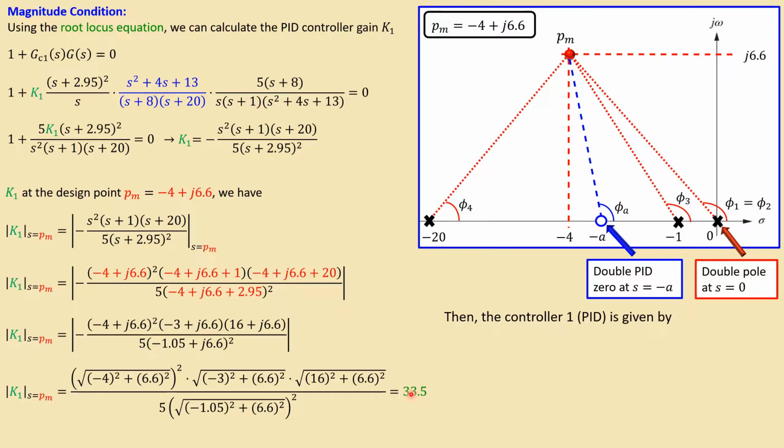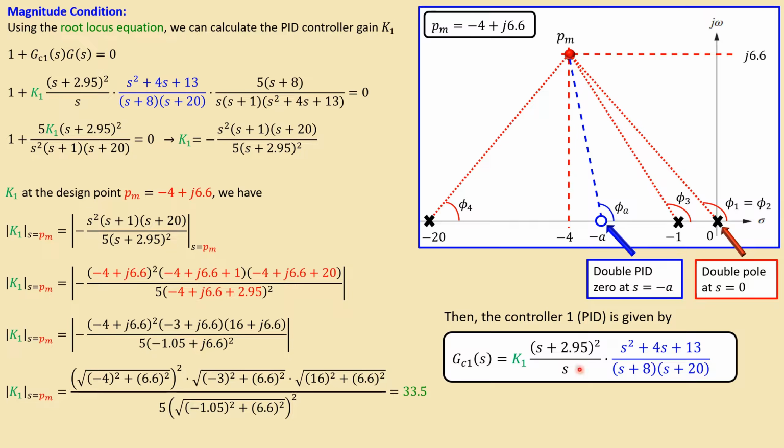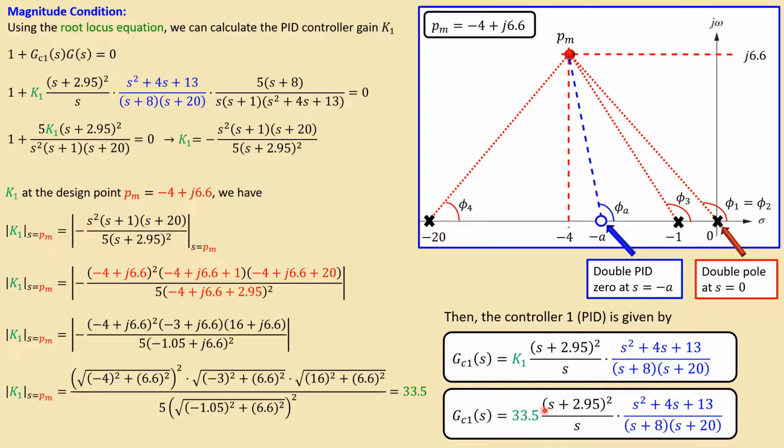Now the controller 1, the PID controller, in cascade with a filter here, which is given in blue, will be this, and then using the K we have just determined it will be this expression. This is now our controller 1. That is the first controller.